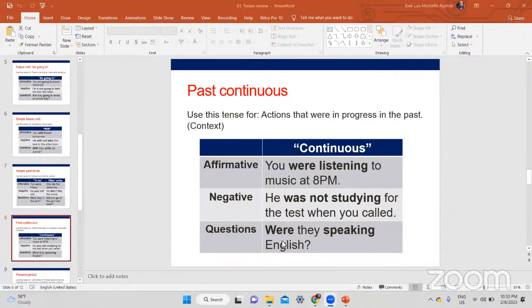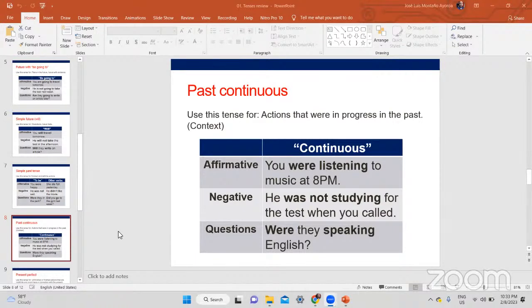And what about a question? Ask me a question, please, in the past continuous. Okay. Were you watching a movie? Good. Very well. And I can say, yes, I was, or no, I wasn't. Good. Okay, so let me ask you also one question. Were you, and I'm going to add something extra, all right?